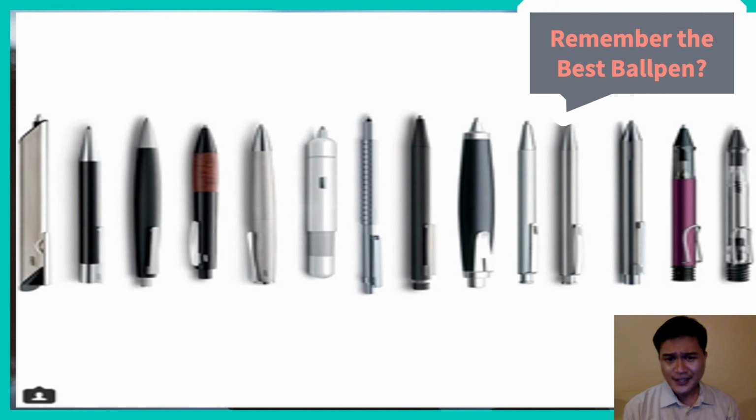That is also data collection procedure. May ballpen kang hawak at gusto mo siya ma-improve. Anong gagawin mo? You can do survey questionnaires, maybe interviews, or maybe have an experiment or primary source.